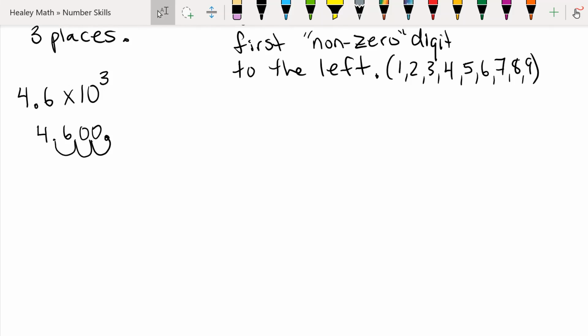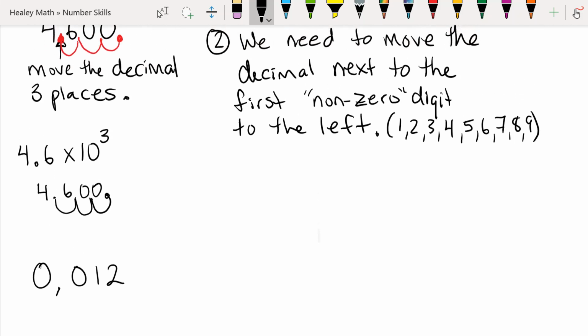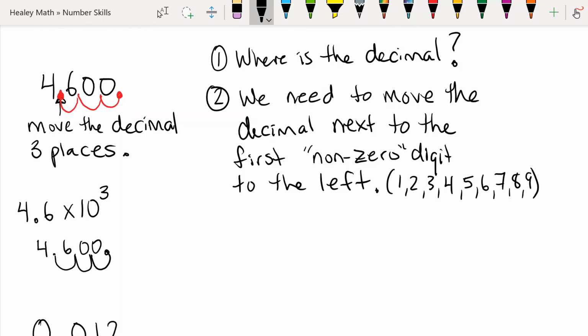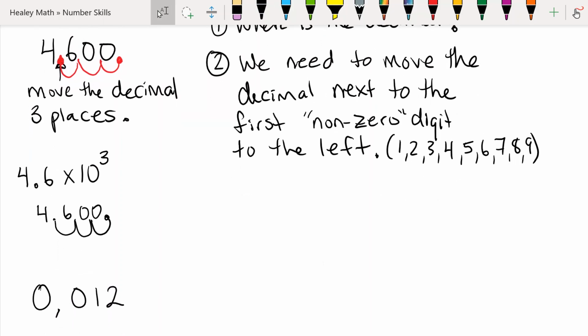When we have a really small number, we follow the same steps. First, we ask ourselves, where's the decimal? And we notice the decimal's here.